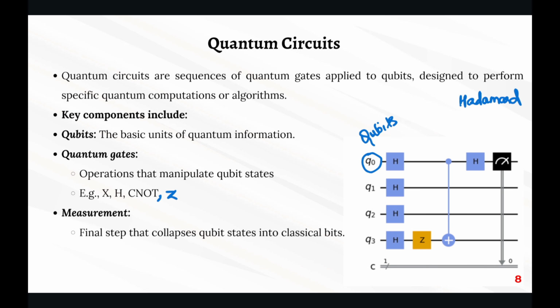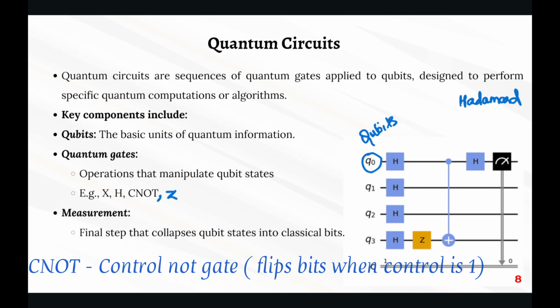For example, take your Hadamard gate. It puts the qubits into superposition, so it puts it into zeros and ones at the same time. That is called superposition. Your X gate acts as a classical NOT gate which flips zeros to ones or ones to zeros. You have to keep these things in mind before you check the circuits.